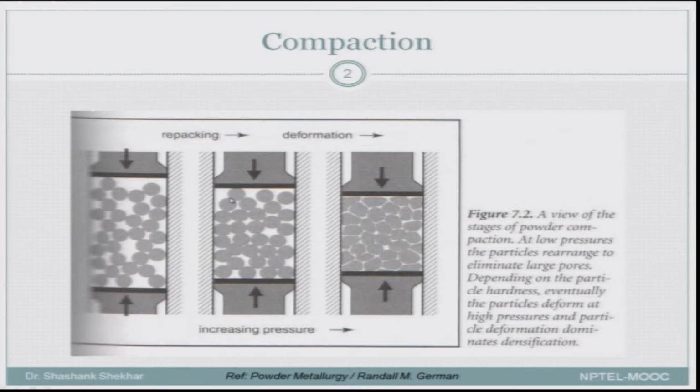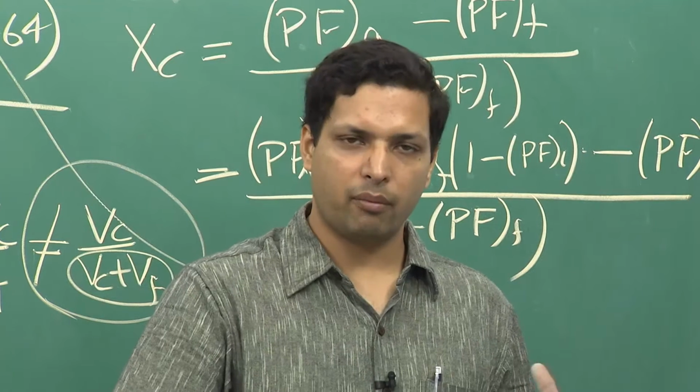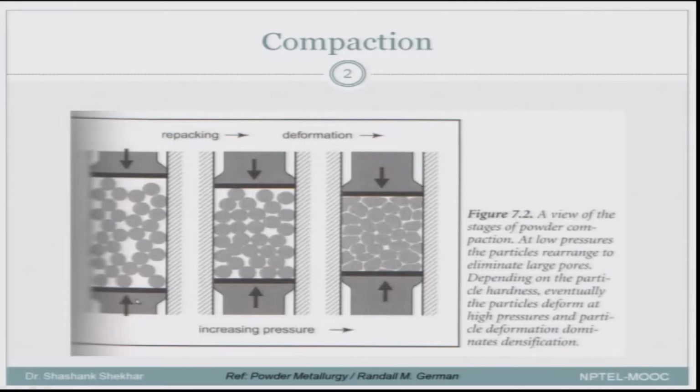What is actually happening over here? In the consolidated powder, you have taken away whatever remaining pores could be removed just by tapping. So, let us say this is the tapped powder, meaning it cannot rearrange on its own anymore. But if you start to apply pressure onto it, so this is a piston on both sides, on top and bottom, and these are the powder particles, and for the sake of simplicity only a small number of powders have been shown.